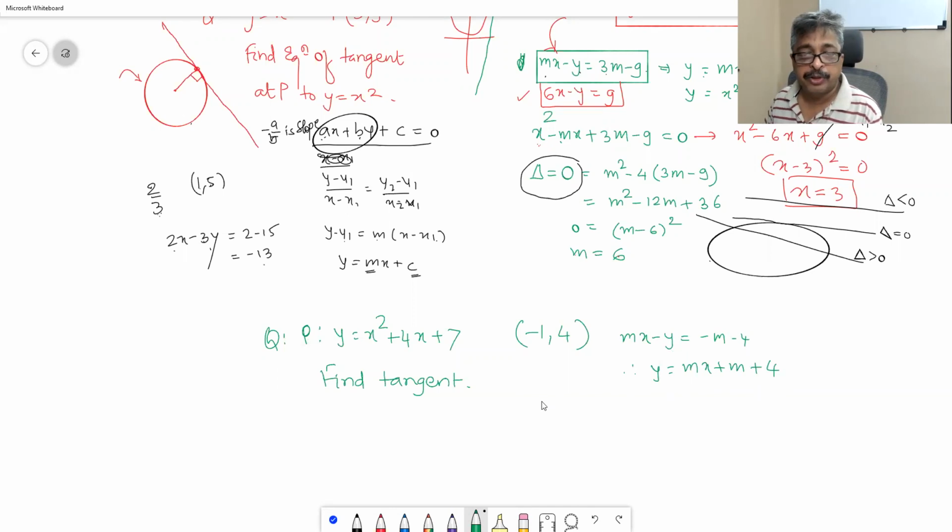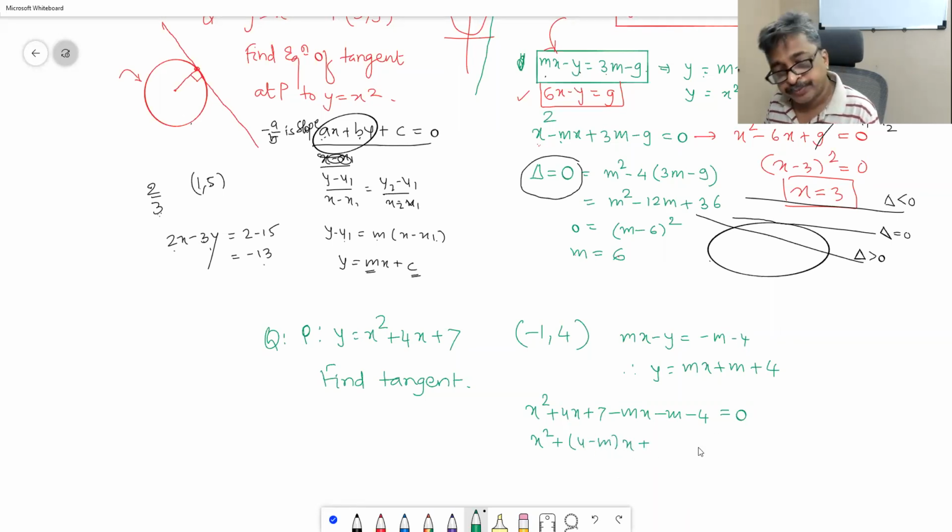Solving simultaneously with this, we get x square plus 4x plus 7 minus mx minus m minus 4 is equal to 0. So x square plus 4 minus m times x plus 3 minus m is equal to 0.